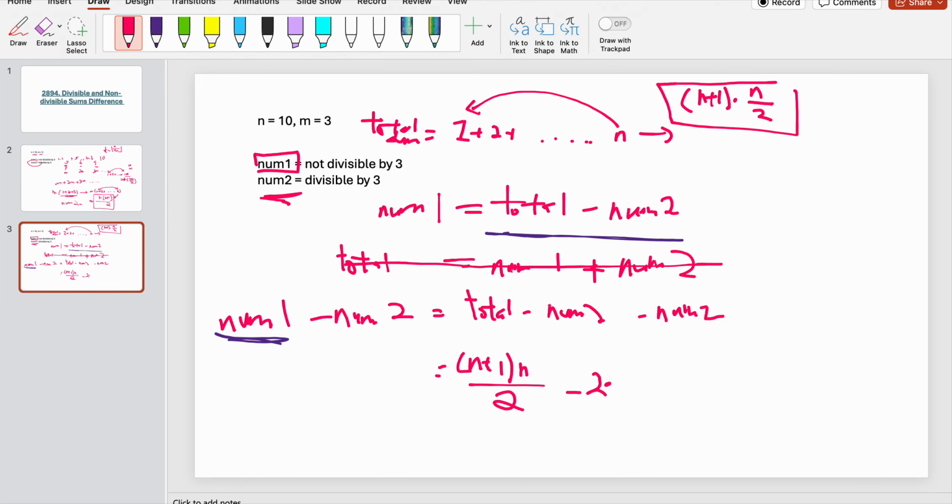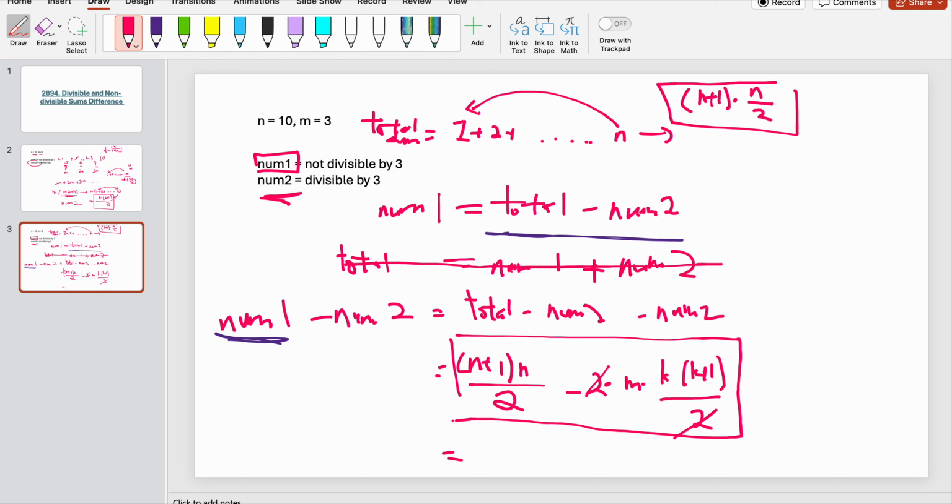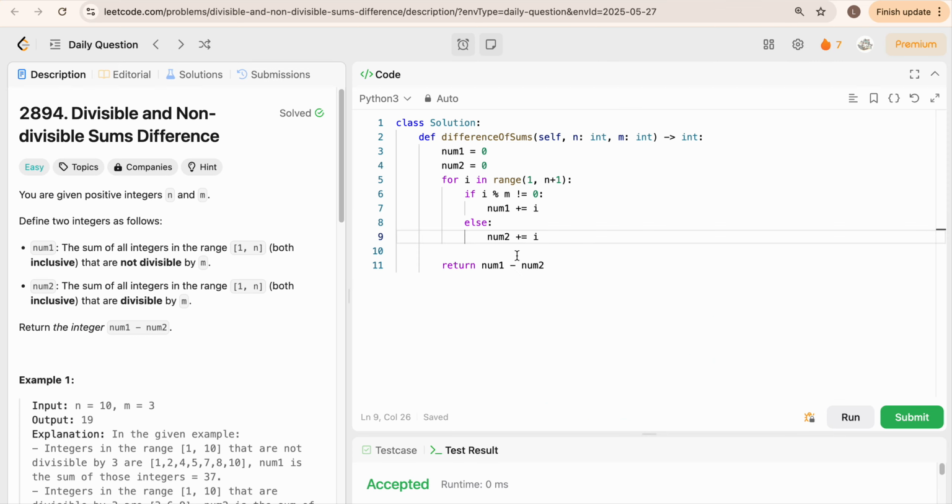So num2 will be m times k plus 1 divided by 2. And then we can cancel out this 2, and then we get our final math equation will be this, right? And whatever this is, and then minus m times k plus 1, because the 2 gets cancelled. So yeah, let's try to just code it out.